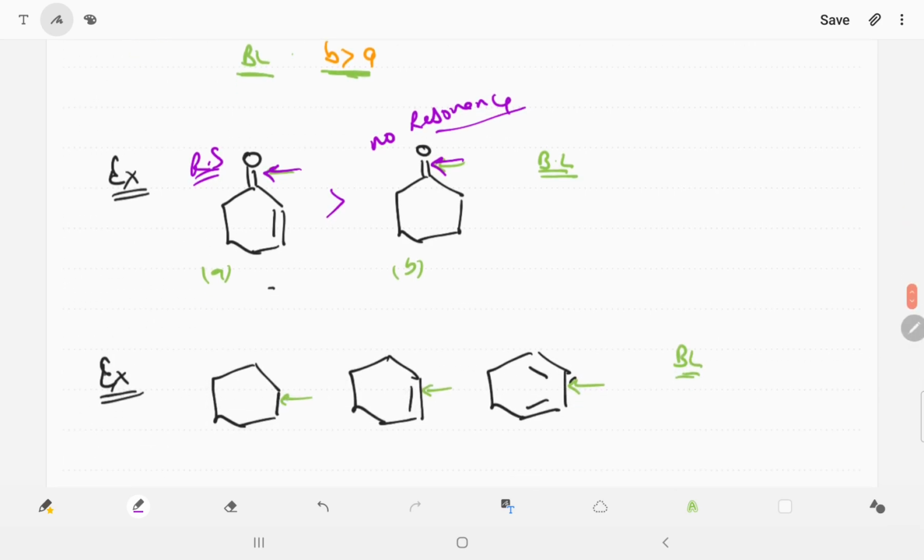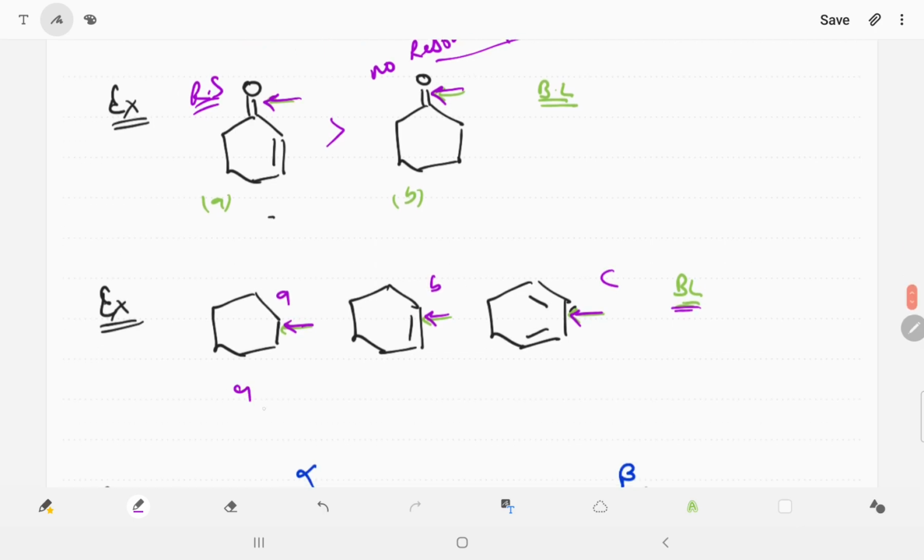Now in the next example there is a single bond, there is a double bond, and we have to find the bond length between A, B and C. A has more bond length because of single bond character, and B is always a double bond.